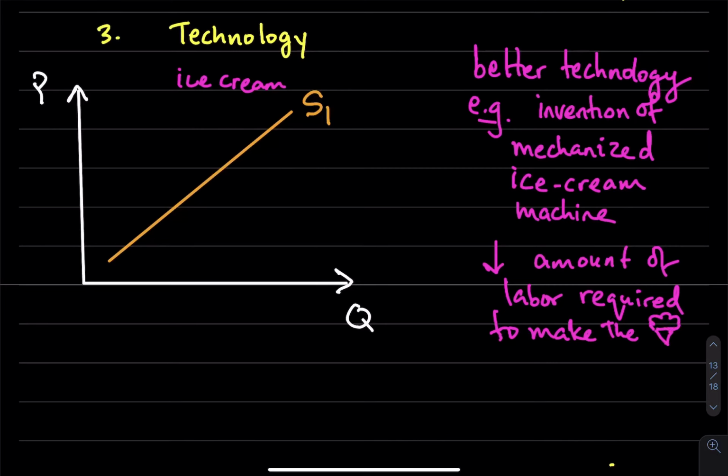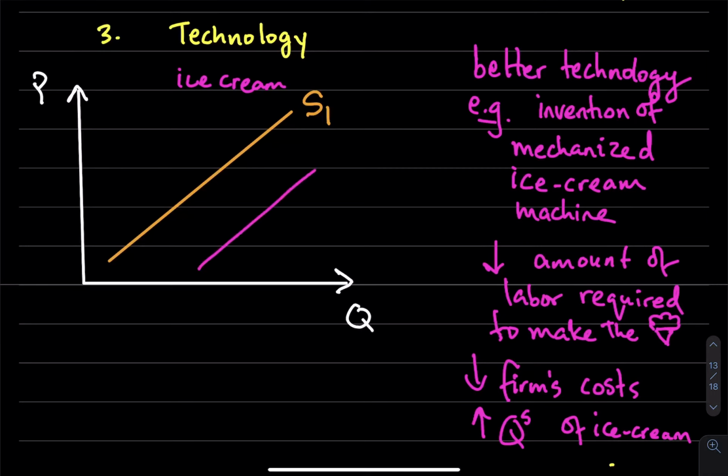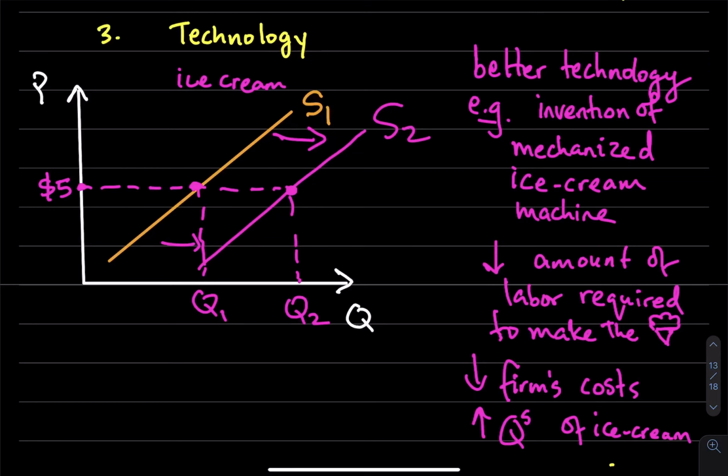Okay, and this is going to reduce the firm's costs and therefore increase the quantity supplied of ice cream. So you might be able to make more ice creams because this is cost-saving technology. What better technology might do is that it incentivizes, let's say this was $5 a scoop. Earlier we were supplying Q1 and now we are able to supply more at that price.